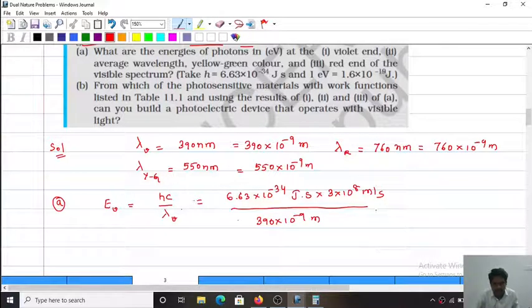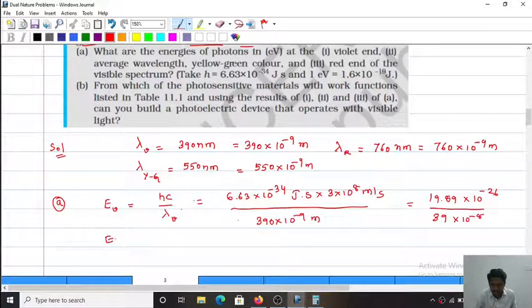Okay, so after the simplification of this value, the numerator value is 19.89 into 10 power of minus 26, divided by 390, nothing but 39 into 10 power of minus 8.